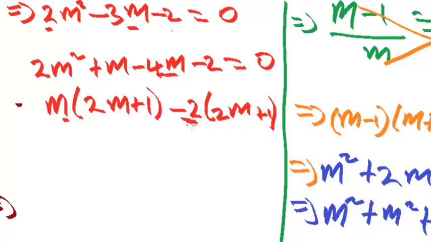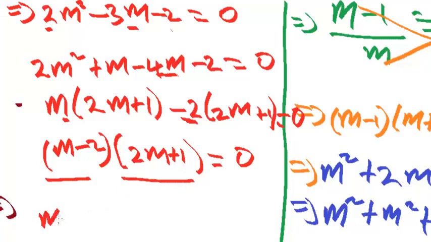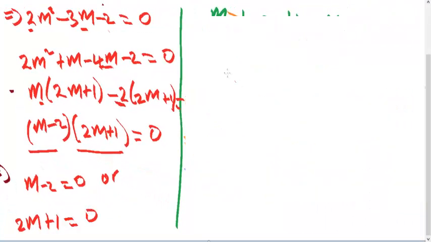So I'll combine those outside the bracket. That will be m minus 2. Then I'll add the bracket 2m plus 1, and this is equal to 0, of course. So now we equate each of the brackets to 0, and that means that we have m minus 2 is equal to 0, or 2m plus 1 is equal to 0.